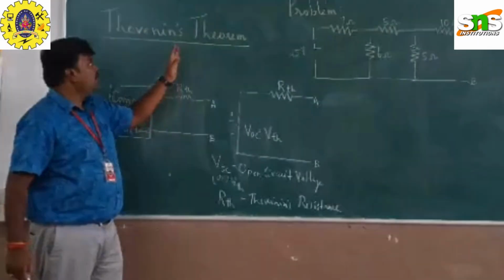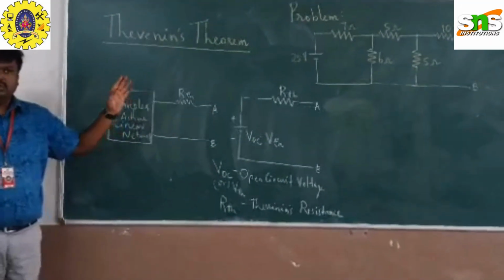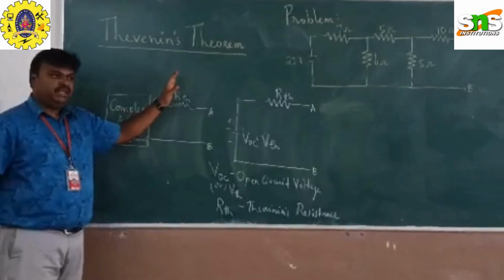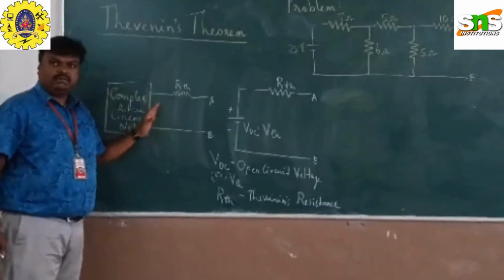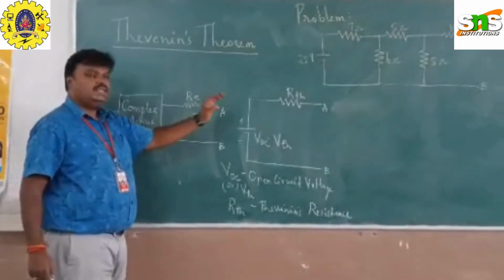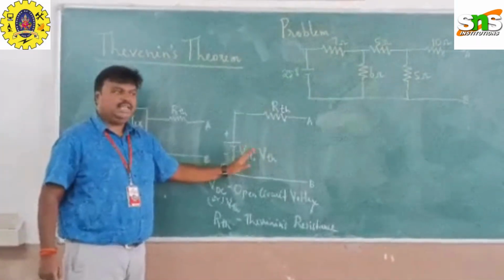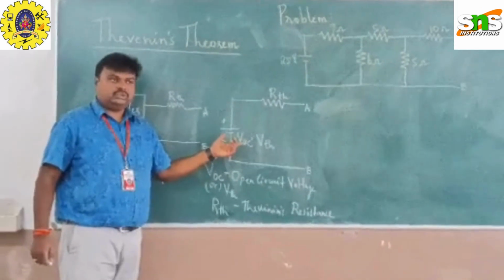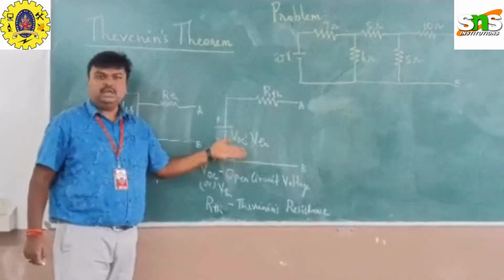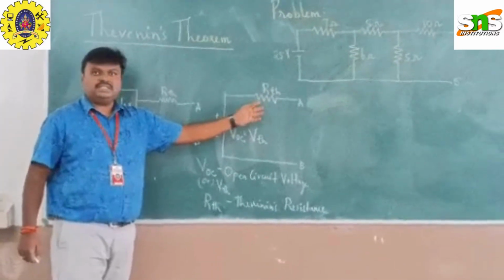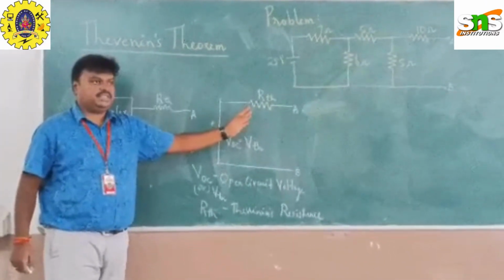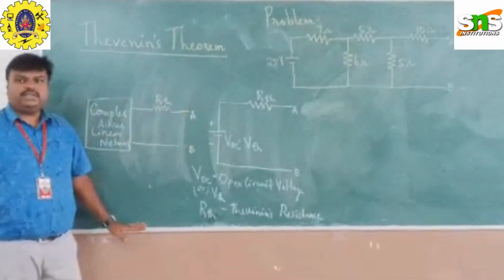This is the statement of Thevenin's theorem. I'll just repeat: a complex network can be converted into a simple network having one single voltage source called VOC or VTH, in series with the resistance RTH. This is called Thevenin's theorem.